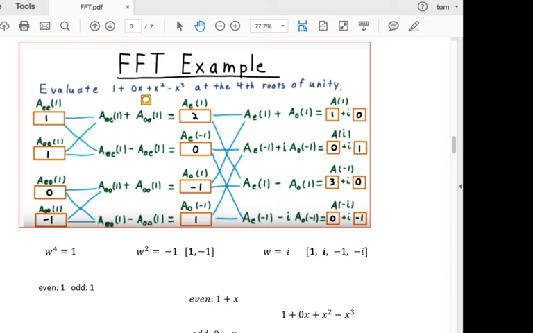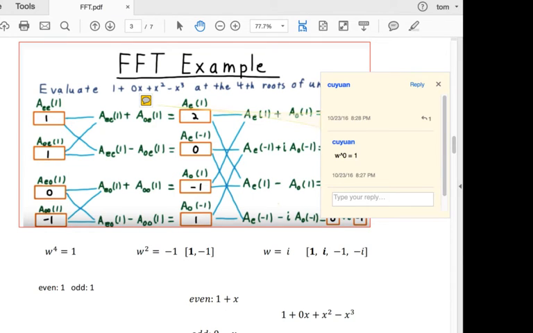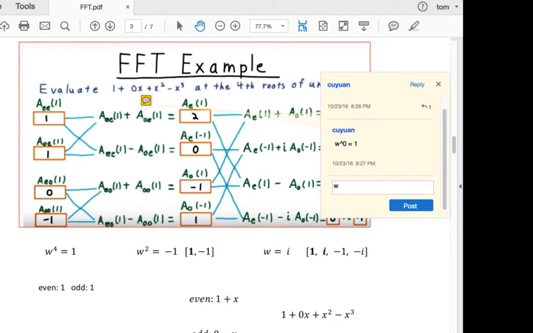And for this part, we should be careful because it doesn't just use the first point. Here omega is i, and the same, the power of 0 is always 1. But here we have 4 points, so we need to use 2 of them.